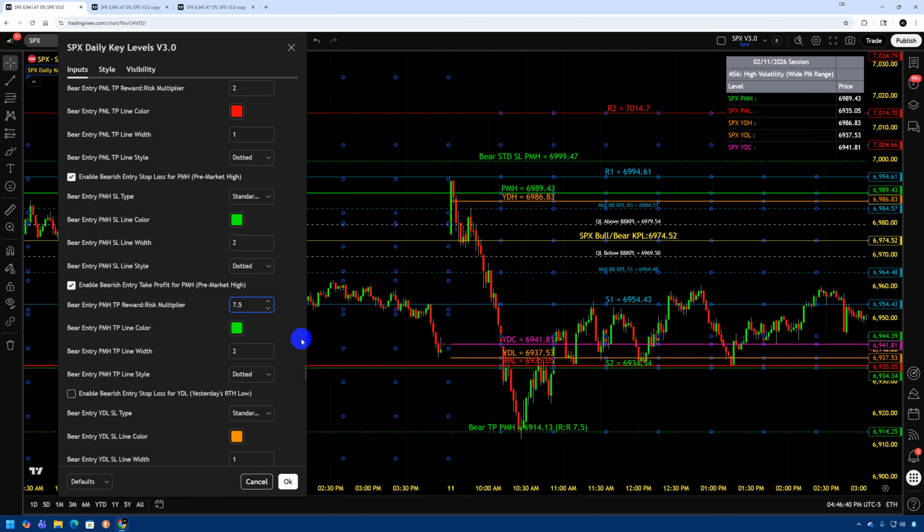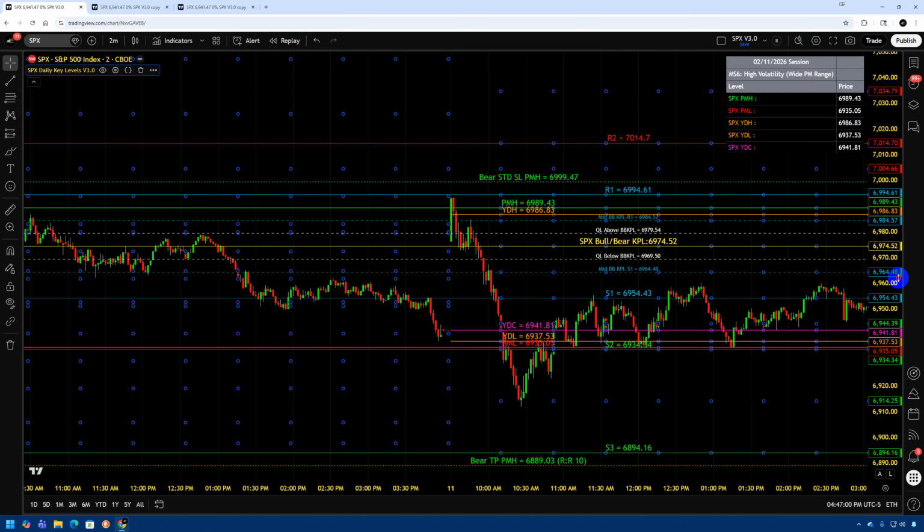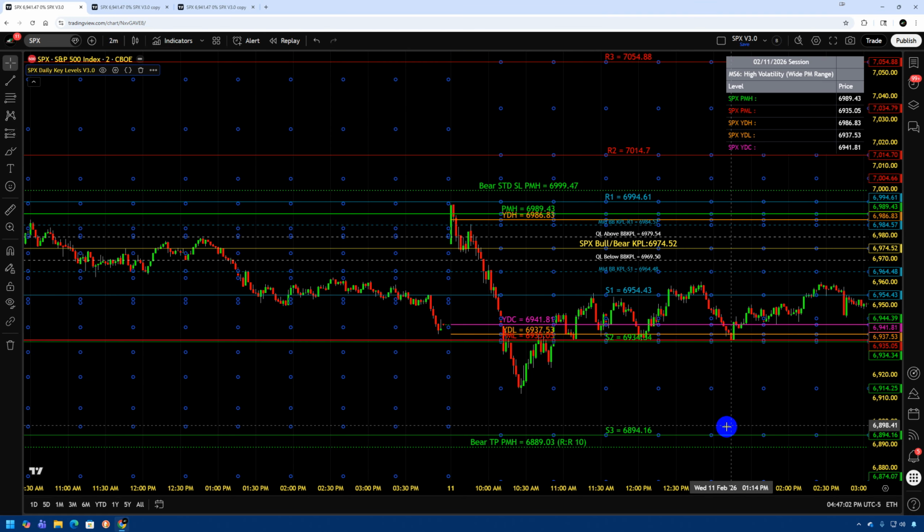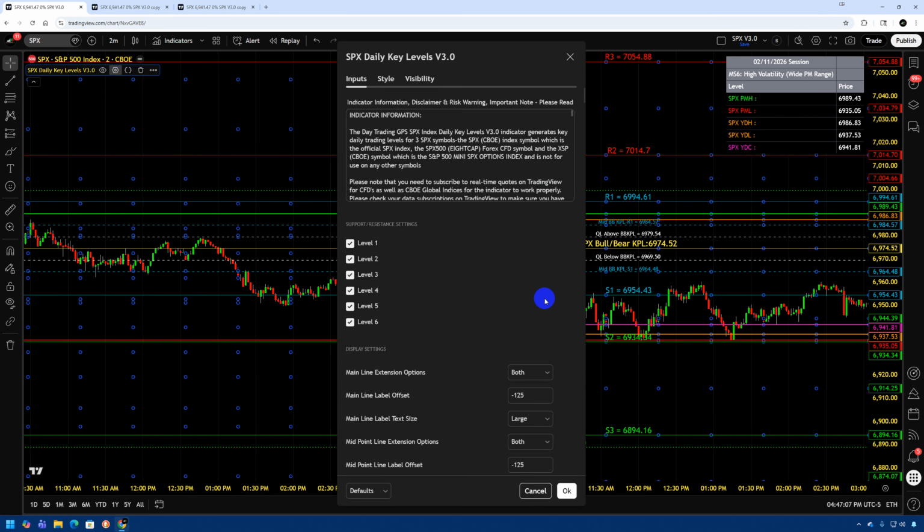But as you can see here, you can change that if you use a standard stop loss, and if you went all the way, say, to 10, that's going to be the equivalent of a tight stop loss with 20. And we'll just take a look at where that ended up, just below S3. So that gives you an idea of the range.